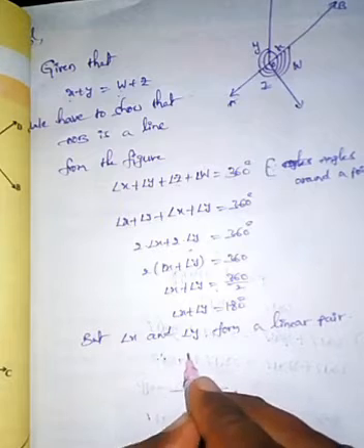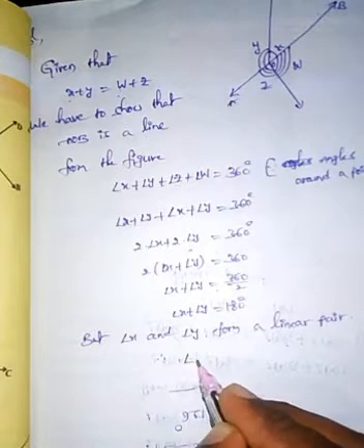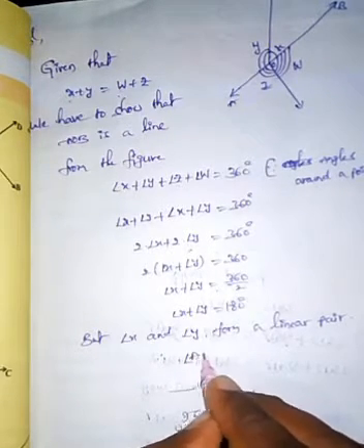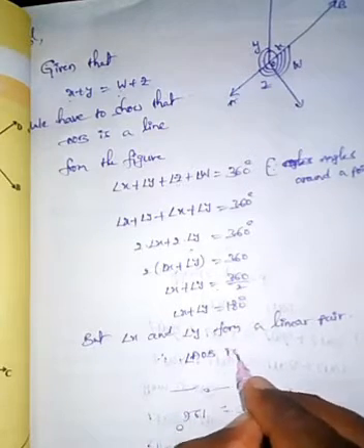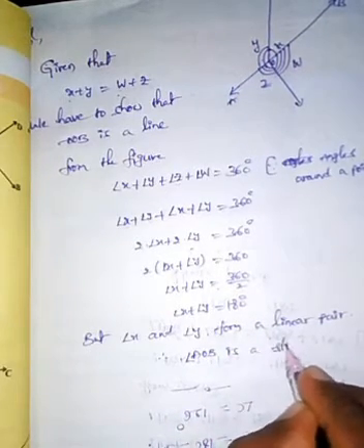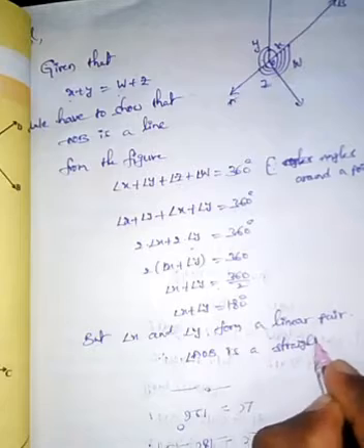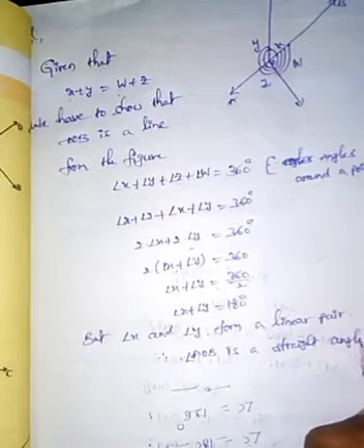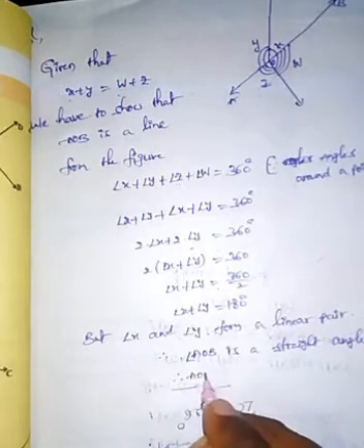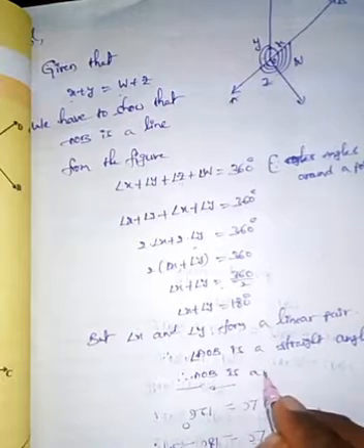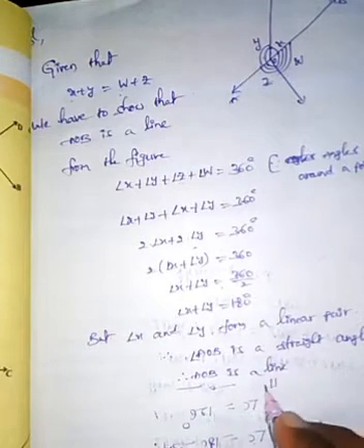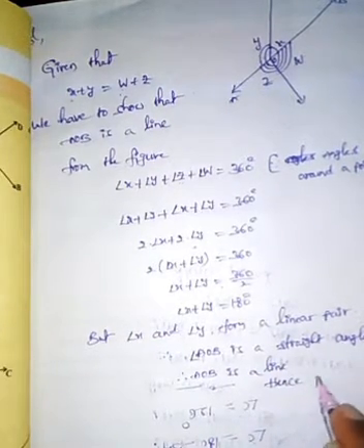Therefore, angle AOB is a straight angle. Therefore, AOB is a line. Hence proved.